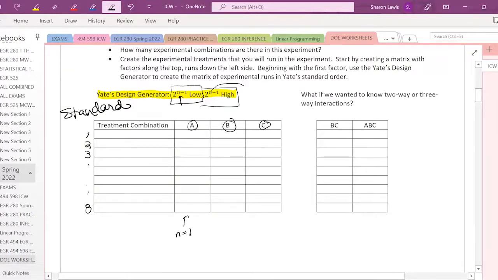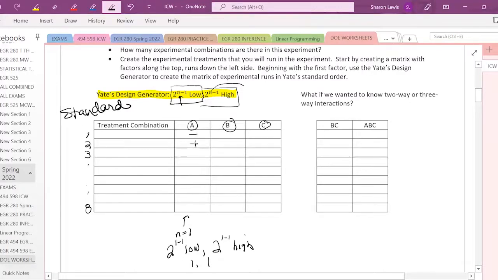That means I'm going to do 2 to the n minus 1, so 1 minus 1 low, and then 2 to the n minus 1 high. 2 to the 1 minus 1 is 2 to the 0, and that's 1. So we're going to do 1 low, 1 high.